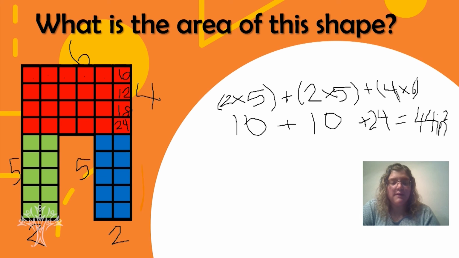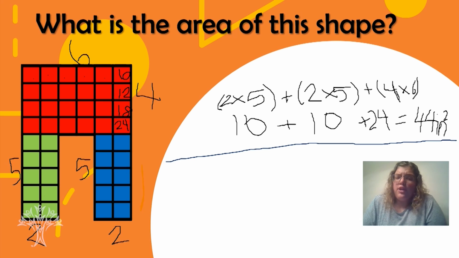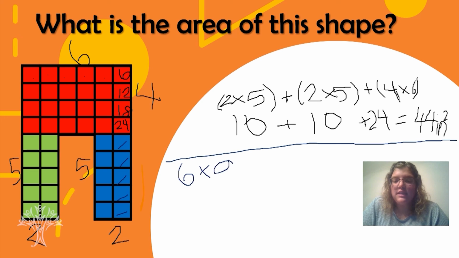Now, for those of you that took that challenge and did the big square and subtracted out that middle part, let's look at that. So I'm going to draw a line, so I'm going to do that down below. So it's still 6 wide. And I remember I need to figure out that big square first. So I have 4, 5, 6, 7, 8, 9. So I have a 6 by 9. And I took out, I'm going to subtract, because I took out that middle section, 2 by 5.